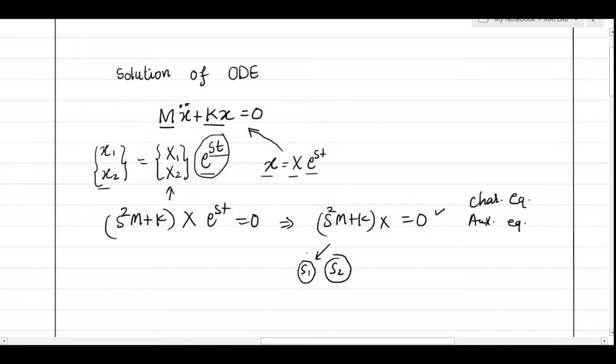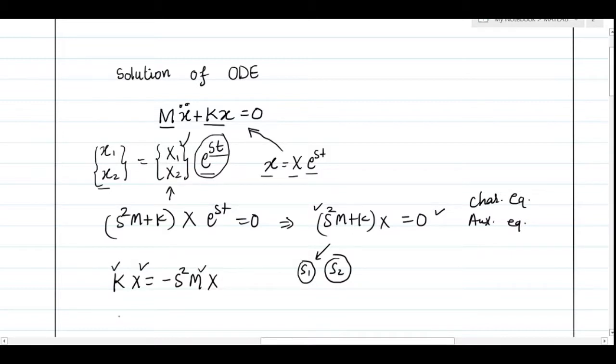By doing a little mathematical arrangement, I can convert this equation. I will make it KX is equal to minus s square MX. Please understand this X is actually representing this vector. K is the stiffness matrix, M is the mass matrix.